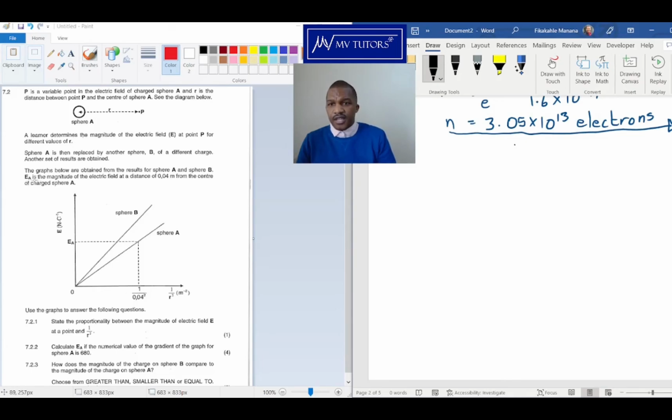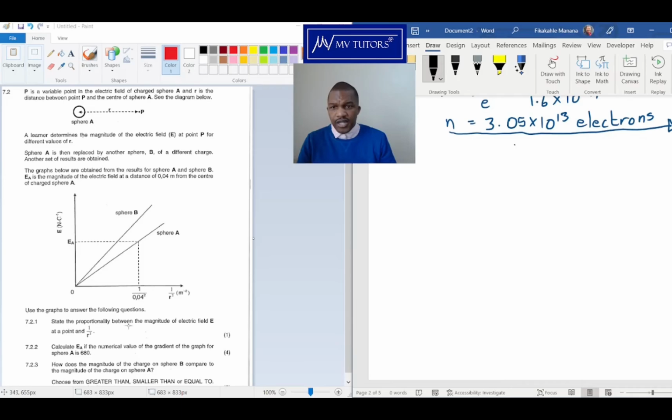E_A, that's the energy, is the magnitude of electric field. Oh, it's electric field, my bad. At a distance of 0.04 meters from the center of charged sphere A. Okay, use the graph to answer the following questions.